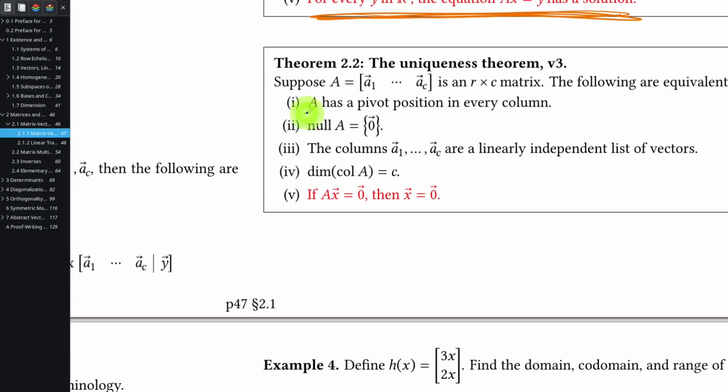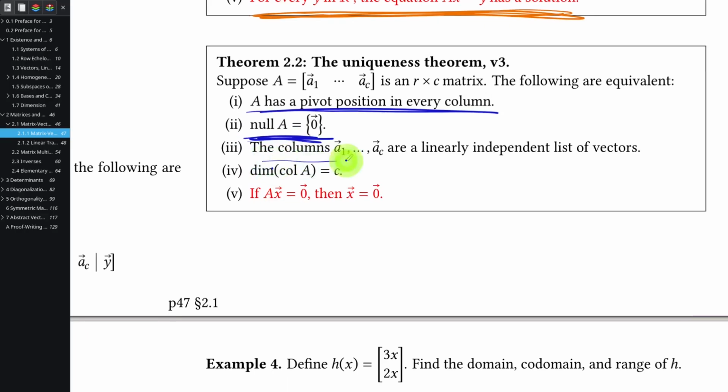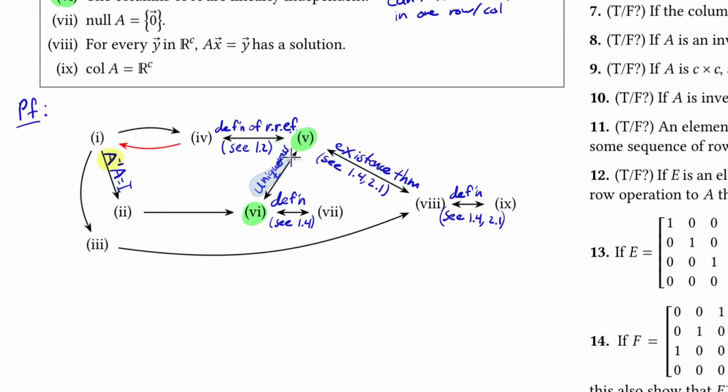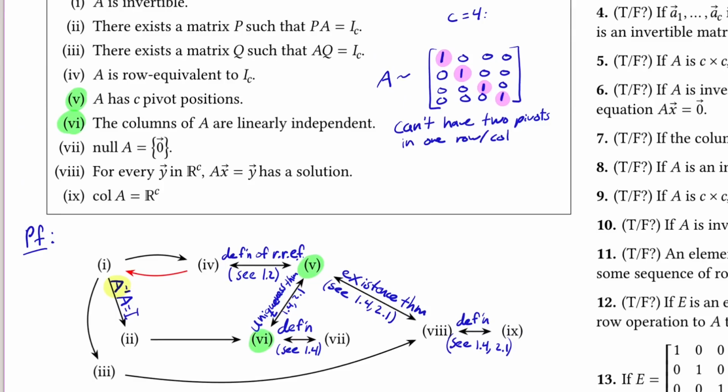Now, these are all equivalent: A having a pivot position in every column, the null space being the set that just has 0 in it, which again means the same thing as having a linearly independent list of vectors. So yeah, again, section 1.4 and 2.1 go into that.